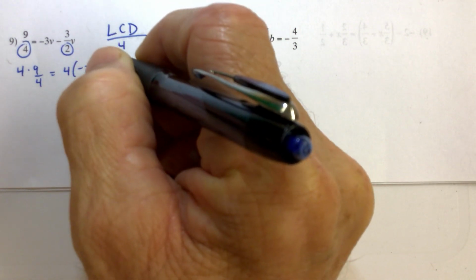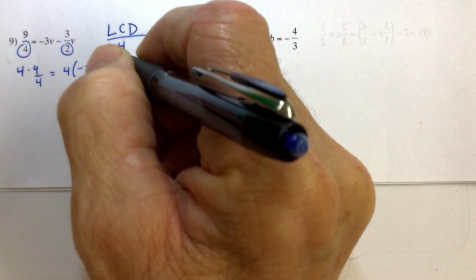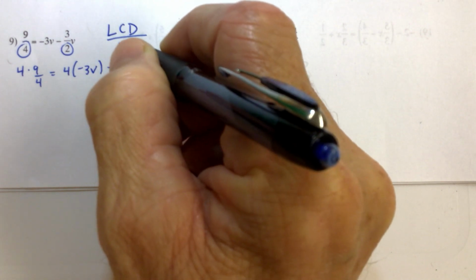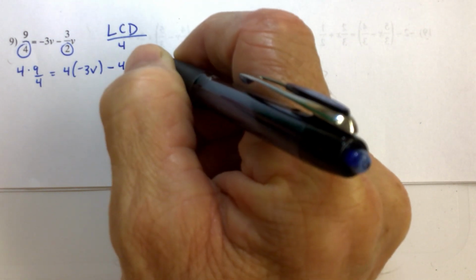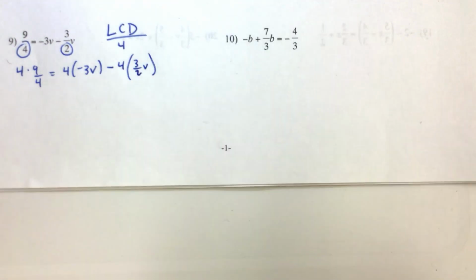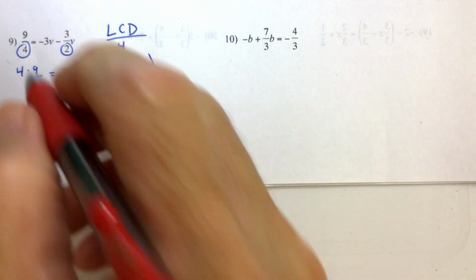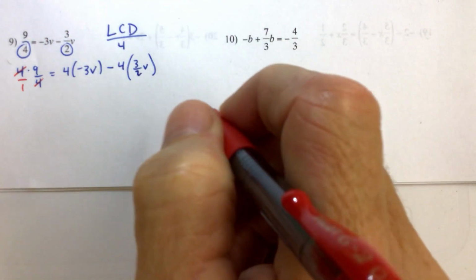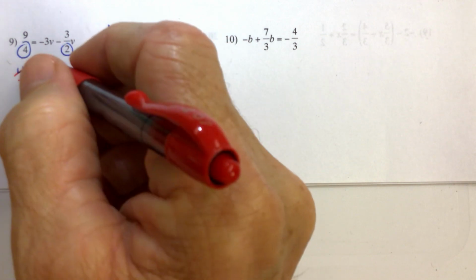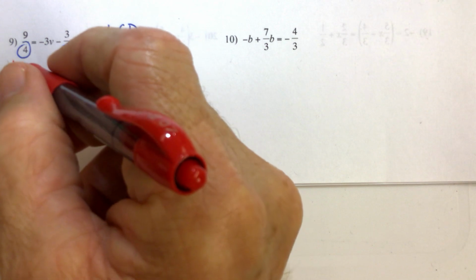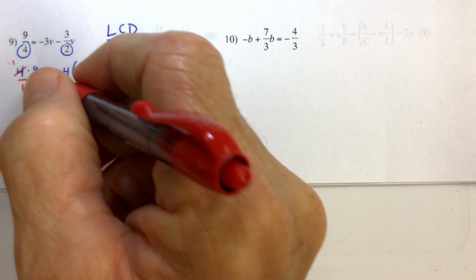I'm going to show that by putting a minus sign right in there, minus 4 times 3 halves v. So this can get a little bit tricky if you're not comfortable with fractions, but if you are comfortable with fractions, well, keep trying until you are. 4 times 9 over 4, 4 divides evenly, the 4's cancel. 4 divides evenly into 4 once, and this one as well.